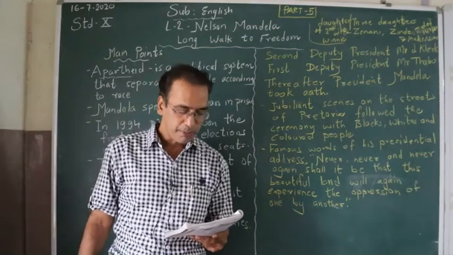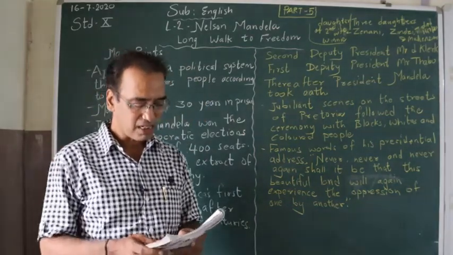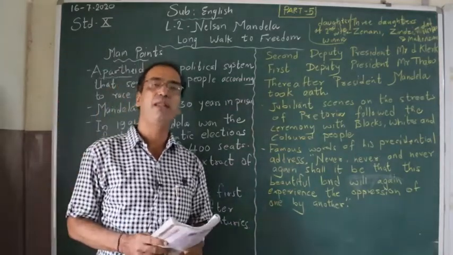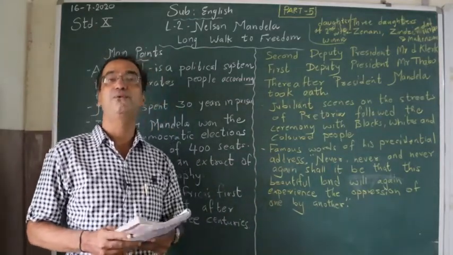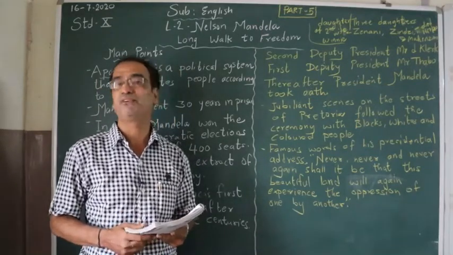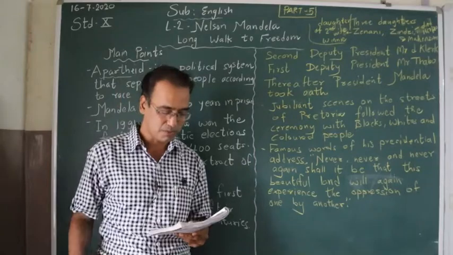The inauguration was the largest gathering ever of international leaders on South African soil. South African soil never had so many country leaders gather there. It was the first time, and Nelson Mandela was very proud of that.